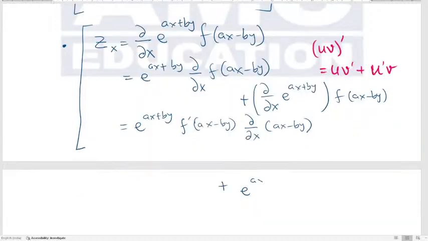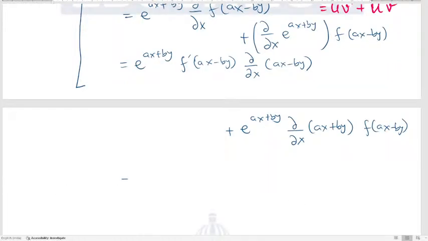Let's take the derivative here. I'm just giving you a sketch of the proof. I'm not solving the problem completely, right? Let me help you out with this a little bit more. So this will become e to the power ax plus by multiplied by f dash of ax minus by multiplied by a.